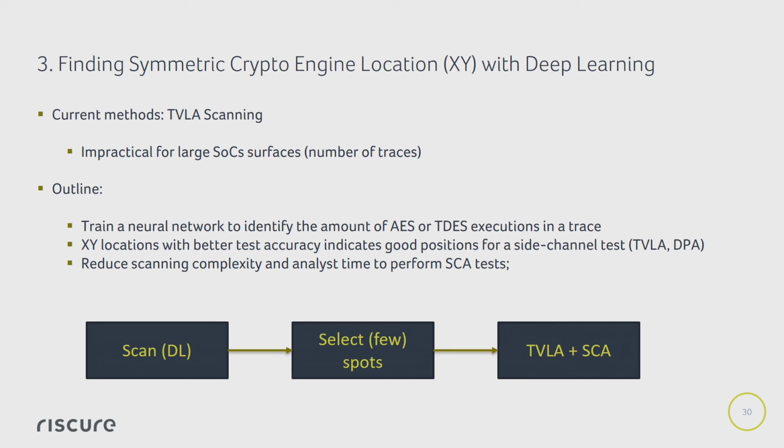The idea here is to replace the search space by deep learning, where we make the deep learning learn how many executions every spot is performing. Then the places in the chip where the network can identify better the patterns of the crypto, we select to do a separate TVLA on that.